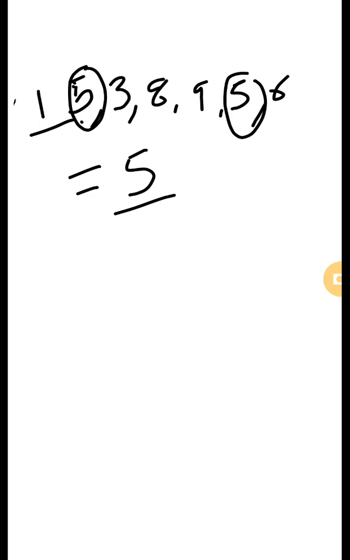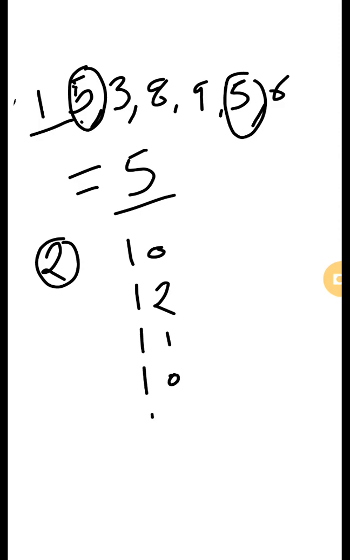So next, let's just take one more example for the same. The example is, just write it vertically: 10, 12, 11, then 10, 12, 9 and 7, right?